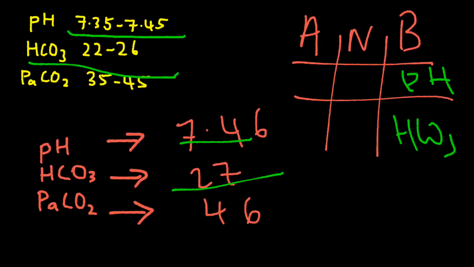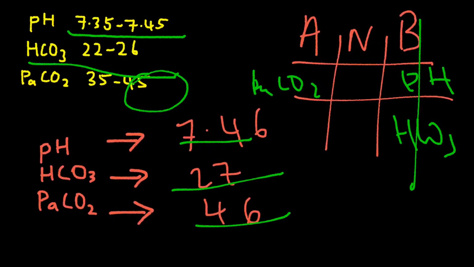Lastly, under PaCO2, the result is 46. 46 is in this region, which means it is the opposite of pH and HCO3. In terms of interpretation, it is thus acidic, and we place PaCO2 under the acid column. You can draw your tic tac toe line over here. Interpretation: pH is under the base, so it's alkalosis.